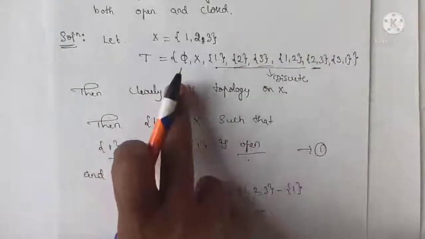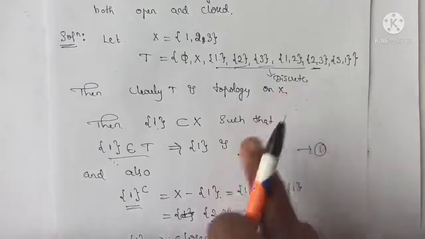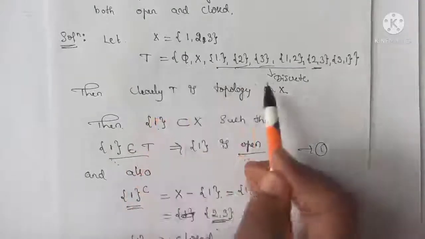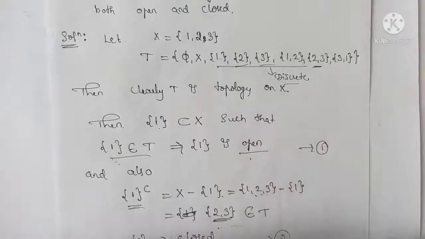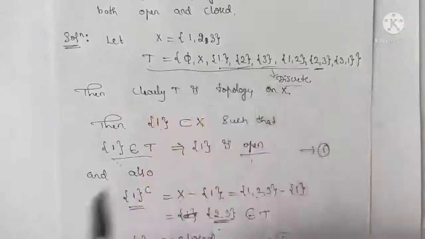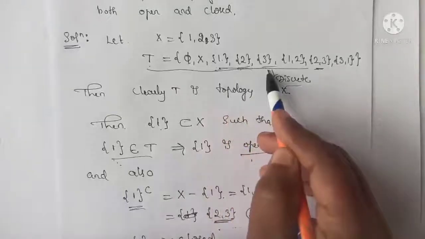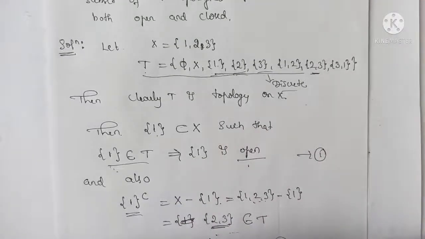This topology is a discrete topology. If you consider any subset of a discrete topology for any set, that will be again open and closed. So if you want to give an example for an open and closed set, you can give the example of this topology, the discrete topology. Then you can consider any one of these sets, which will be both open and closed.